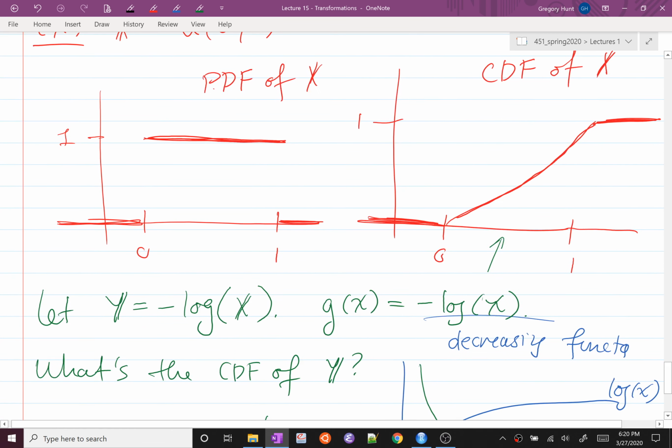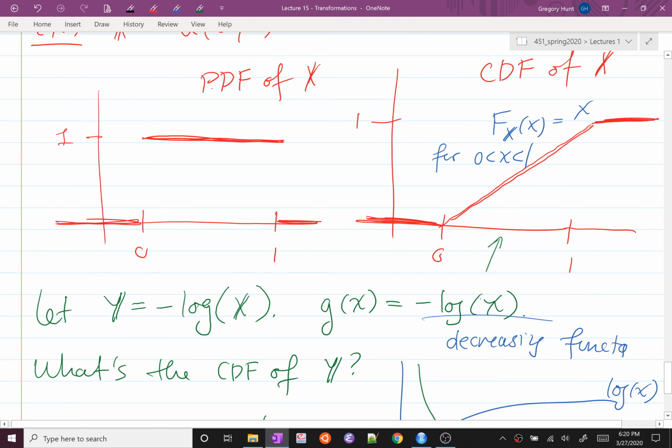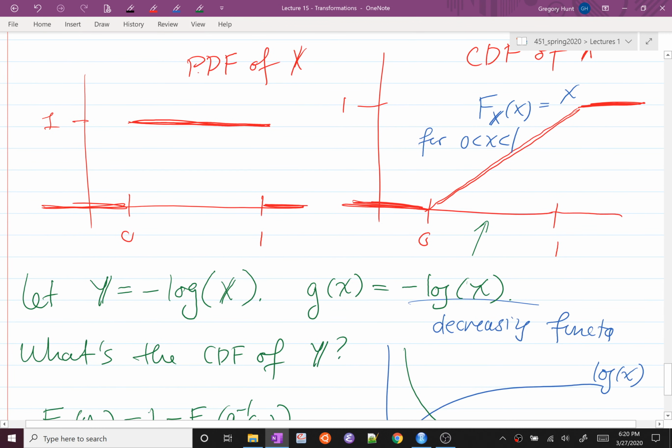And if we look at our CDF, F_X of x, between 0 and 1, that's supposed to be a straight line. Let's redraw that. The formula is F_X of x is just x for x between 0 and 1. And you can go back to the lecture on the uniform distribution, and between 0 and 1, it's just a straight line with slope 1.